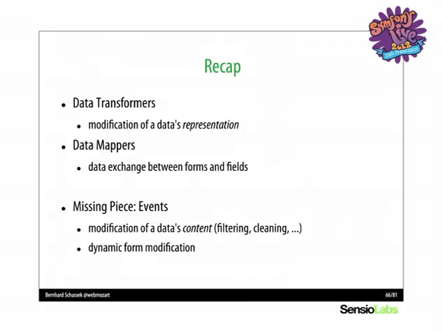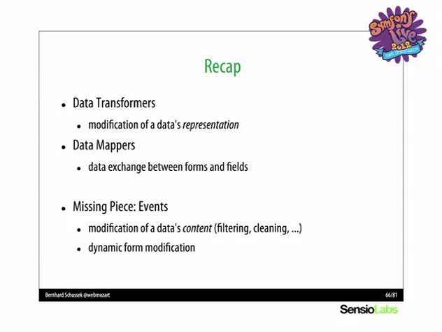Let's recapitulate what we talked about. We have data transformers. Data transformers do the modification of a data's representation. Not information, but representation. The data mapper does the exchange between the form and its fields. Data exchange. Okay?